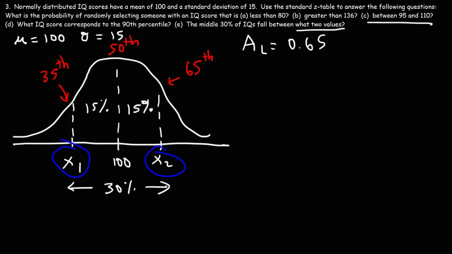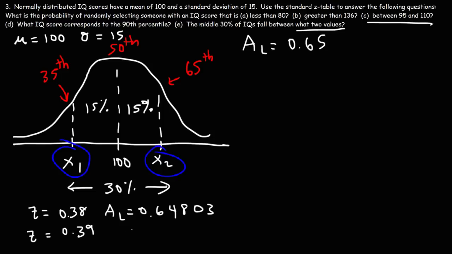Now there's two values of interest. When z is 0.38, the area is 0.64803. It's pretty close to 0.65. And when z is 0.39, the area is going to be 0.65173.